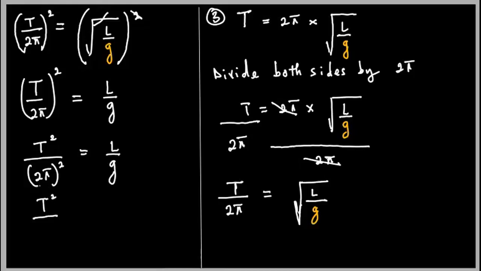Now what does 2 pi all squared mean? It means 2 pi times 2 pi, of which 2 times 2 is 4, and pi times pi is just pi squared, equals L over G.